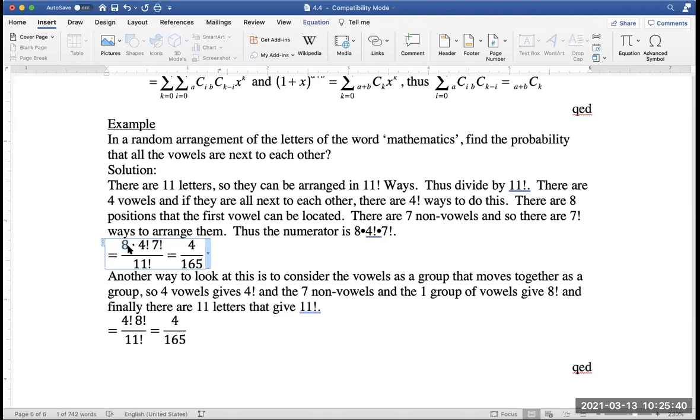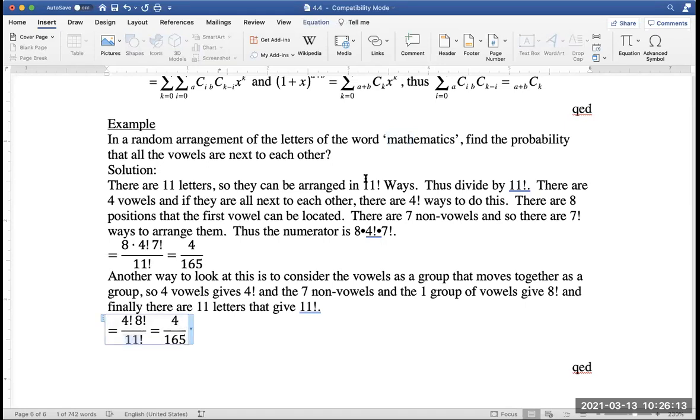Or I can think of this in a different way. I can take all 4 vowels and tie them, bundle them up, take a string and tie it around the 4 vowels. So think of them as being a vowel bundle. First off, the denominator is going to be the same.